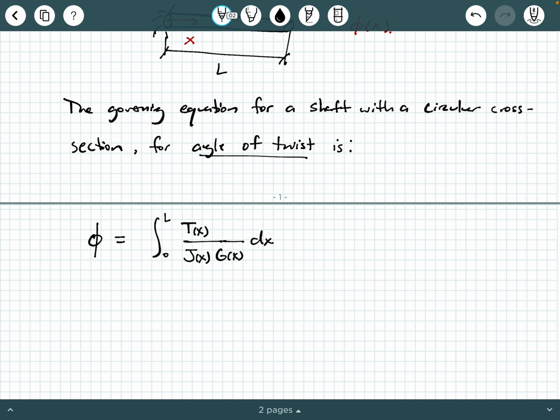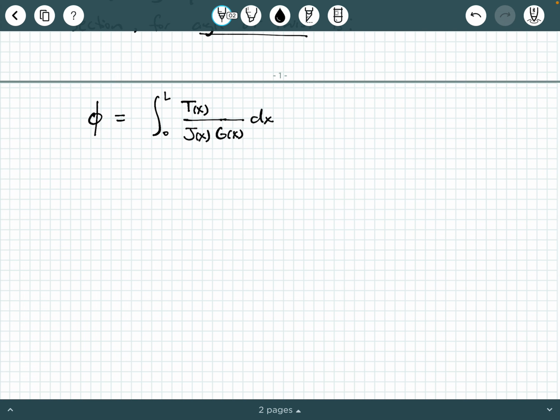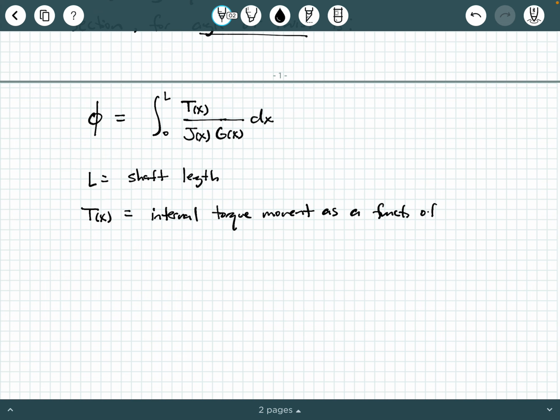Okay, so what do all of these terms mean? Well, L is the shaft length. T as a function of x is the internal torque moment as a function of location x.